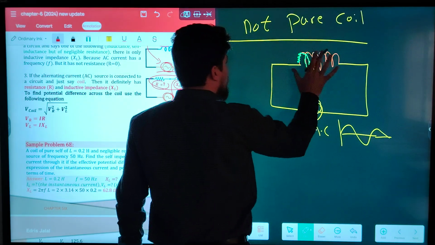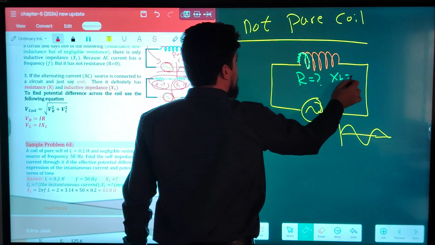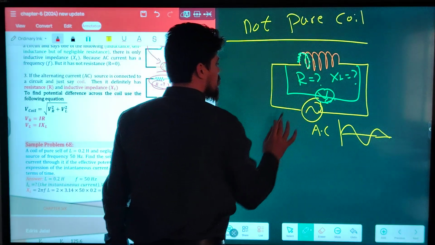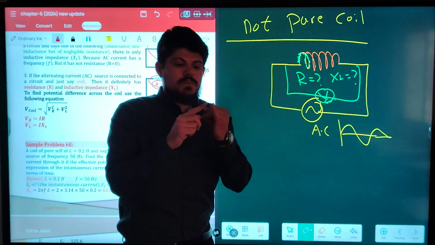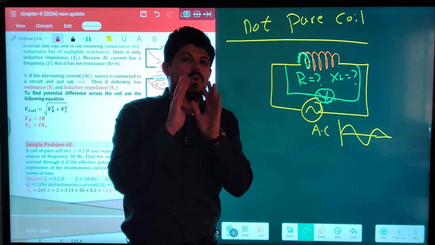If the coil is not pure, it means that we have both R and XL. How can you determine potential difference across the coil? If the coil has both inductive impedance and resistance, it means that the coil is not a pure coil.